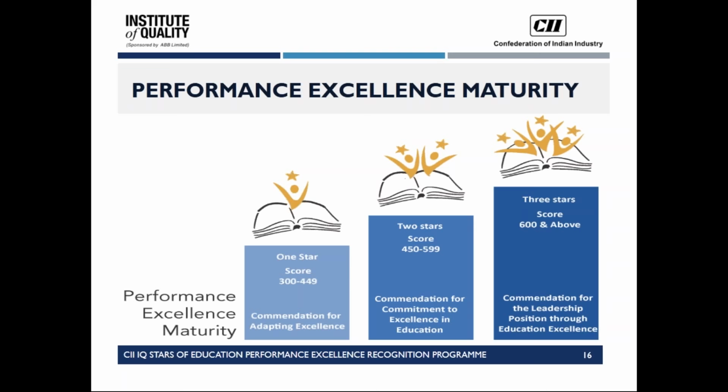And based on that, the performance excellence maturity is built, where the overall score, if it is between 300 to 449, the institutions are given the commendation for adapting excellence, which is a 1 star, and commendation for commitment to excellence in education when the score is between 450 to 599, 2 stars.